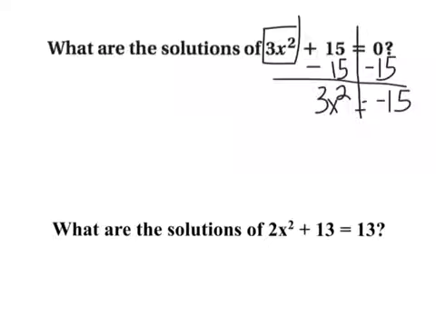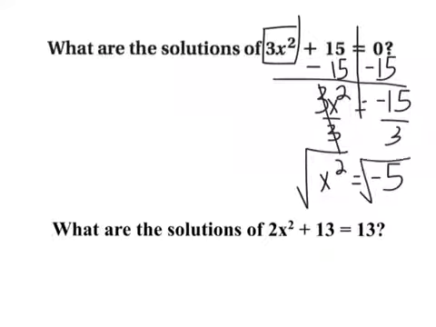X squared isn't by itself yet, so I need to divide by 3, giving me x squared equals negative 5. So to finish solving, I need to undo that square by taking the square root. And what I noticed this time is under that radical is a negative number. And I cannot take the square root of a negative number, so this one has no solution.